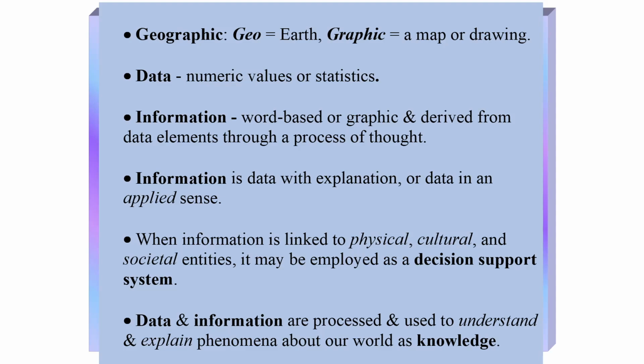So in the GIS creating process we distinguish data and information. First of all, we can speak about raw data that we can get from sensors, and the information is the interpretation of this data.